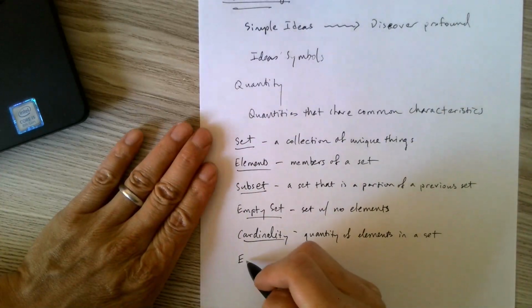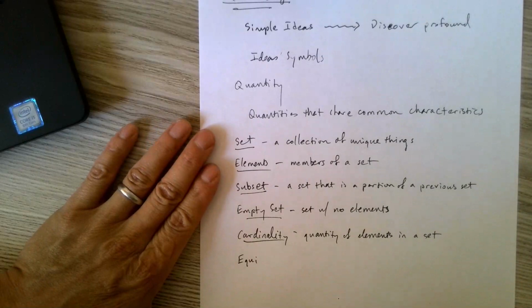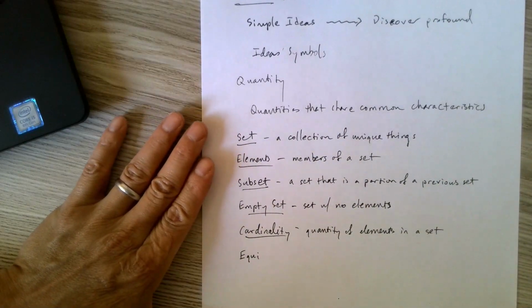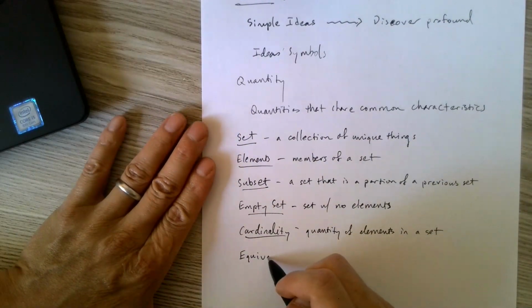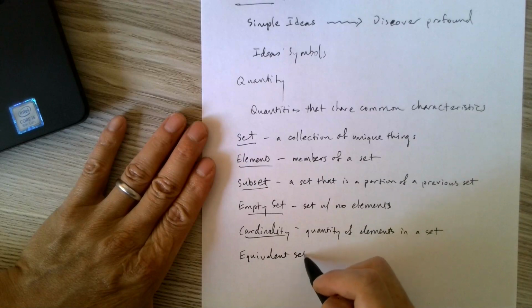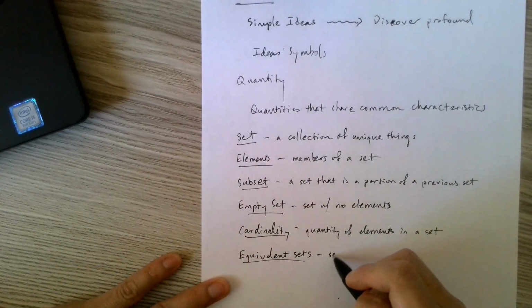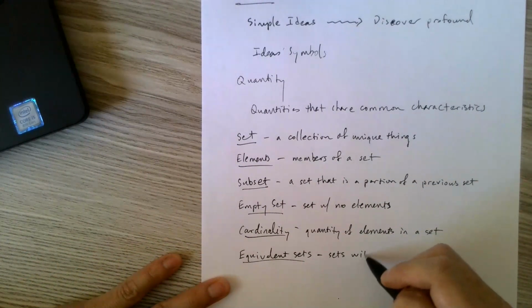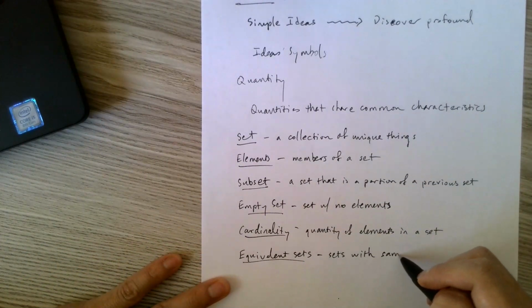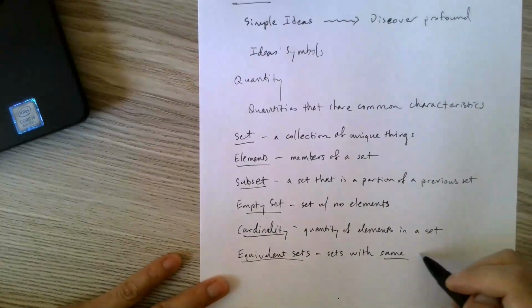Okay, we just have two more, and then we can get started on developing these ideas. Equivalent sets. Sets with the same, I'll underline that, same cardinality.